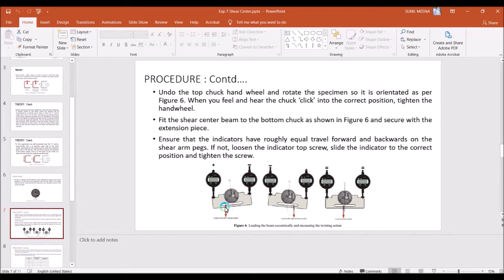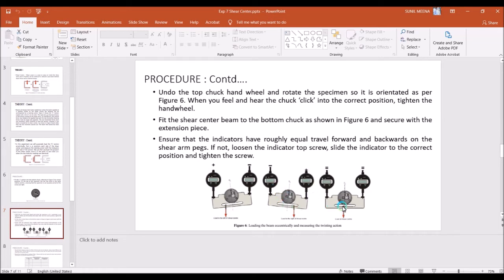Initially, when we apply the load at minus 25, the left dial gauge will show positive deflection and the right will show negative deflection. We will change the load position from minus 25 mm to plus 25 mm and again see the deflection readings. If you put the load on the right side, there will be a positive value in the right dial gauge and negative in the left dial gauge.